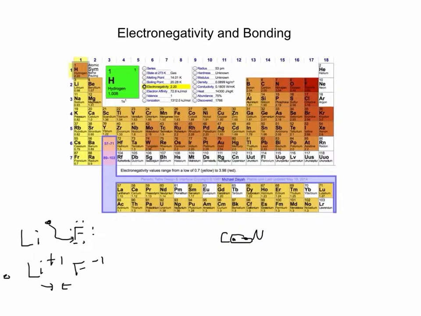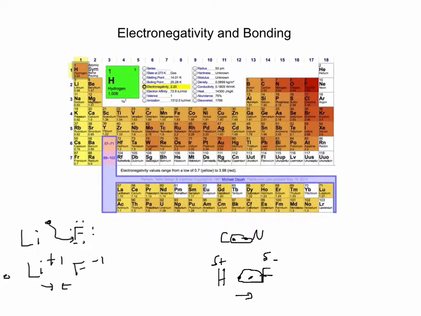Well, in that case, the electrons are still shared between the two atoms, but the electrons are pulled towards the fluorine, the more electronegative atom, more than towards the hydrogen. So the hydrogen becomes slightly positive, and the fluorine becomes slightly negative.